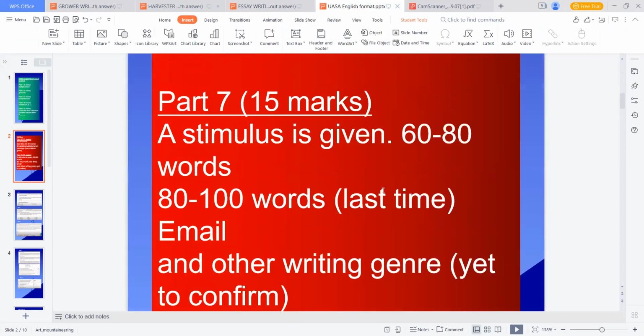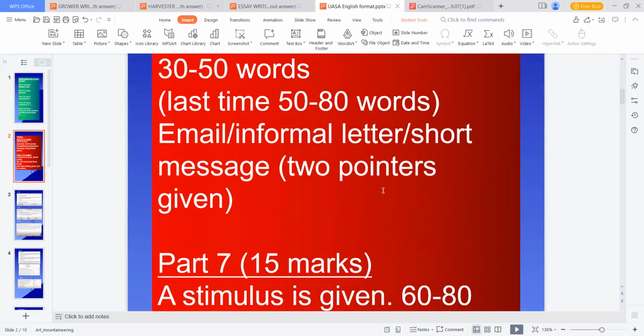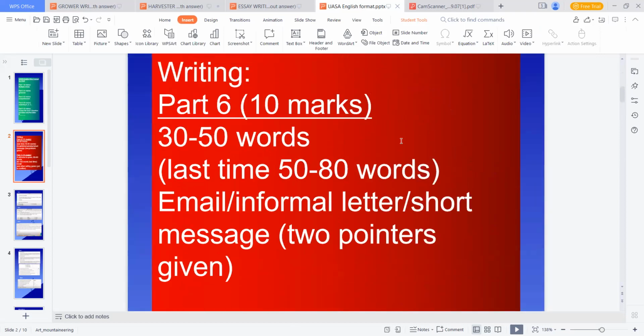Now, as for the writing part, part 6, it's 10 marks. In the past, the writing had more words, 50 to 80 words. Now it's reduced to 30 to 50 words. The genres will be email, informal letter, short message. 2 pointers will be given.